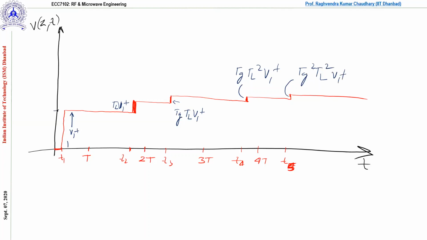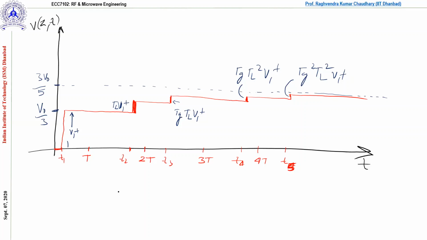And if I mark these things, this will be V0 by 3, and this is the steady state, what we calculated in the last class, if you remember, 3 V0 by 5. So this is the line actually, this is the steady state value, and these steps are always coming less. So if you increase the time, you will be approaching towards the steady state location, fine.